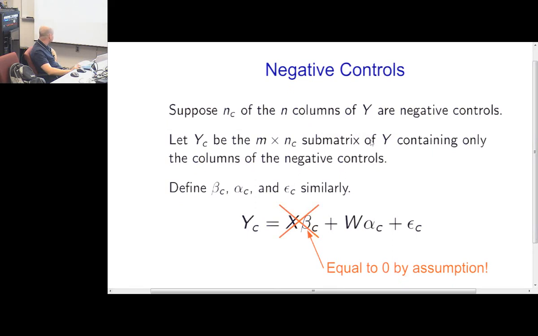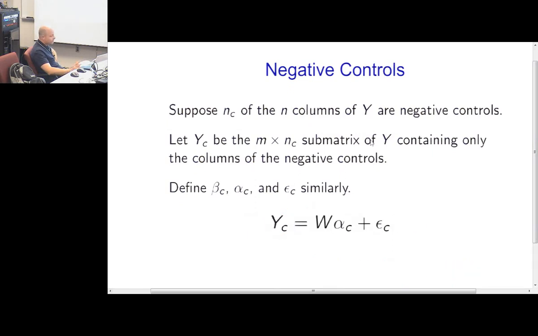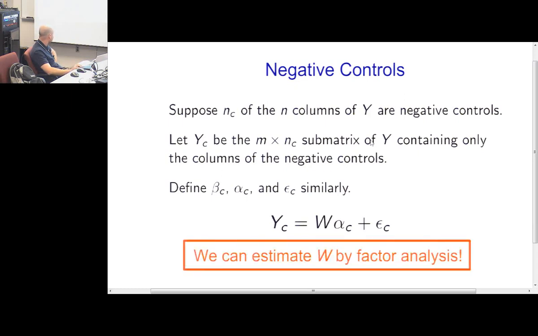So that term disappears, and we're left with what looks like just an ordinary factor analysis model. And so we can actually estimate W by factor analysis. And that is what essentially solves our identifiability problem. The negative controls give us a way to estimate the W even when the sources of unwanted variation are unknown to us.